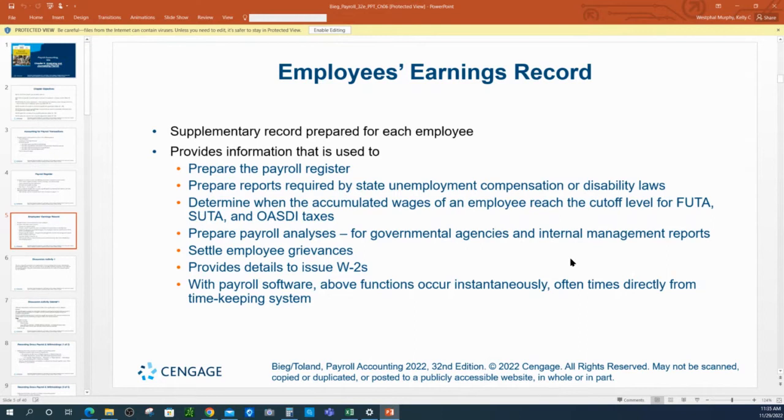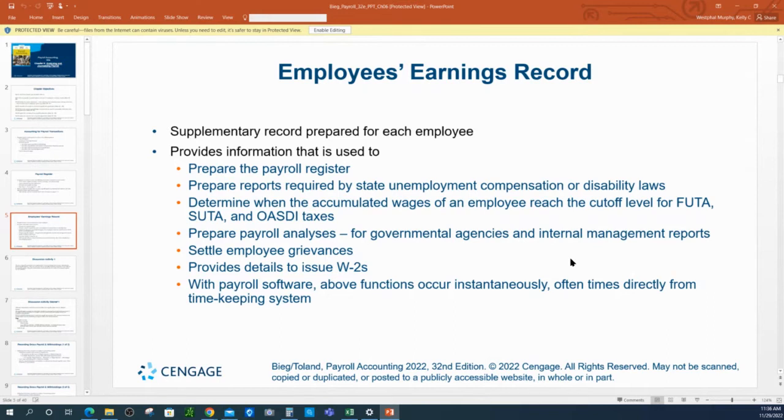They'll use that for their own analytical purposes as well. Settle employee grievances: unions will also request this type of information, and the employee earnings record is used to provide that.